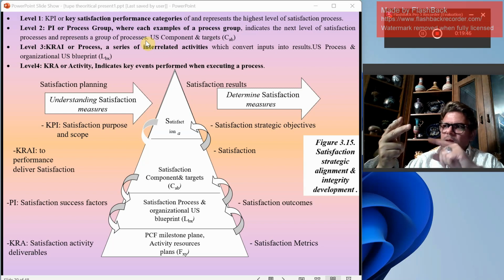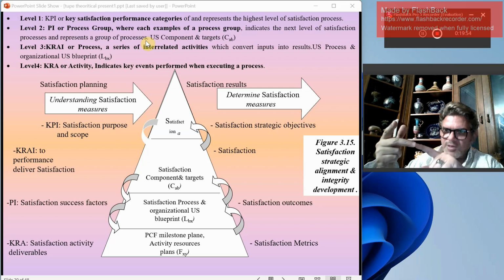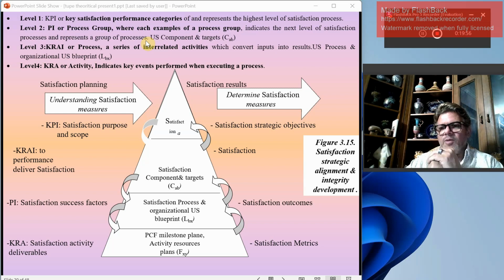Okay, but if you take the user satisfaction itself, it's going to be a life cycle. Again, if I'm going to look at the whole e-marketing environment, I will find in it three lifetimes: the business, the product, and the user.